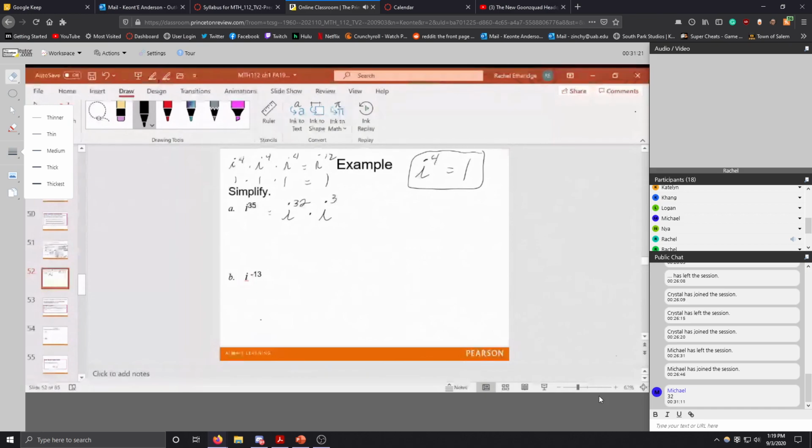And if you don't remember what i to the third is, you can break it down even further. You can break it down into i squared times i. So anything that's a multiple of 4, that's going to be 1. i squared is negative 1. And i is just i. So this whole thing simplifies to negative i.